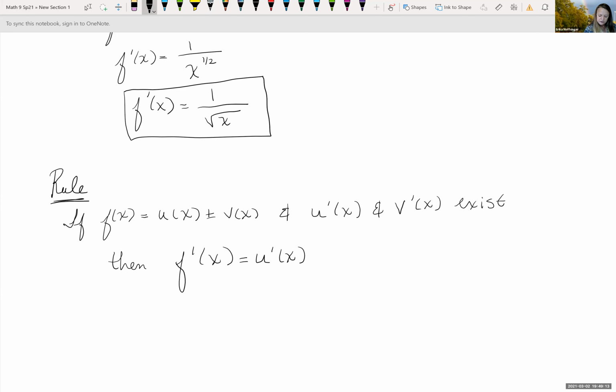So the derivative of u of x plus or minus the derivative of v of x. This is the sum or difference rule of derivatives.